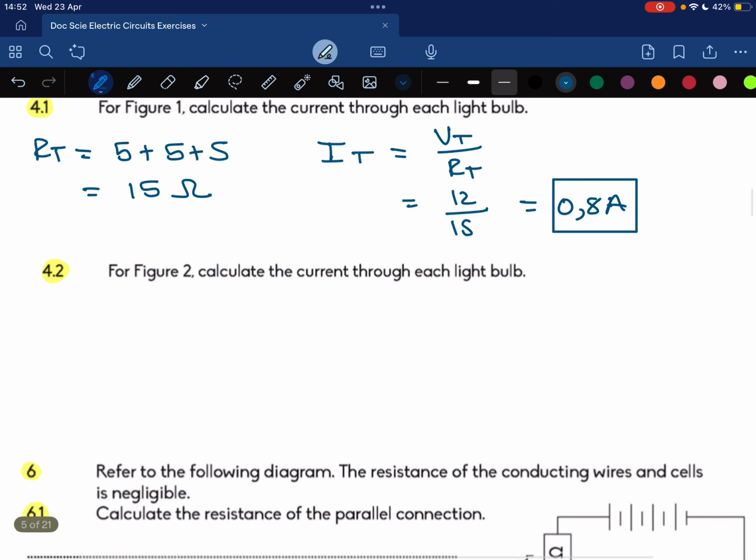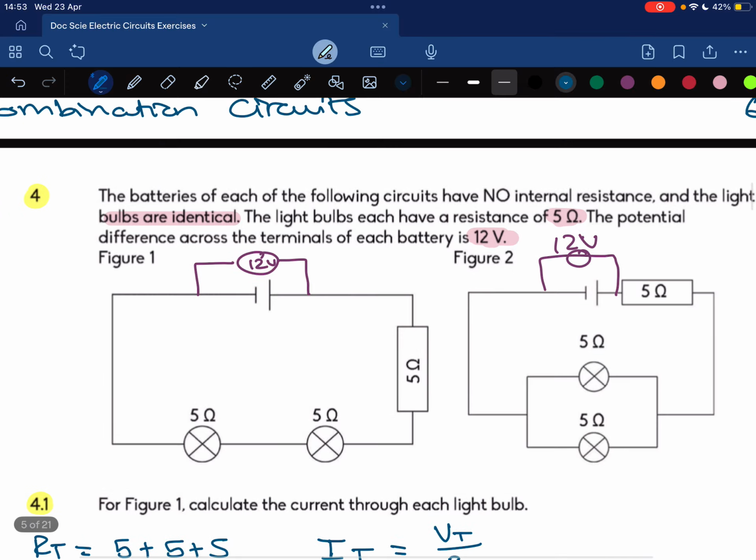Okay, then it says for figure 2, calculate the current through each light bulb. So this one's different.